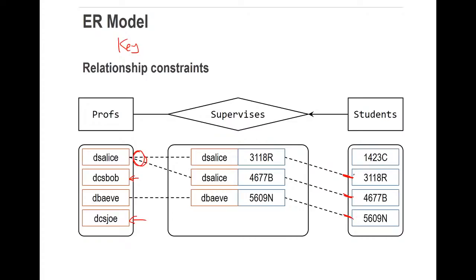So this is what makes it a key constraint. You cannot have another arrow pointing towards somewhere. So this one is not allowed. But you can have a student not supervised at all. Let's say if the student is not doing FYP, then the student need not be supervised. So there's a key constraint.